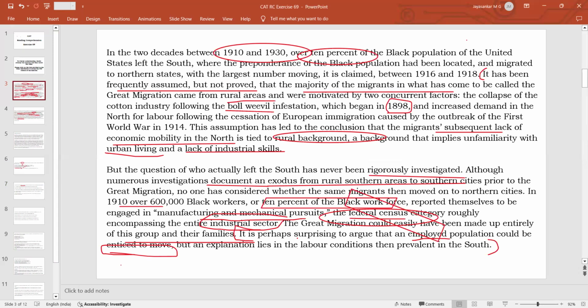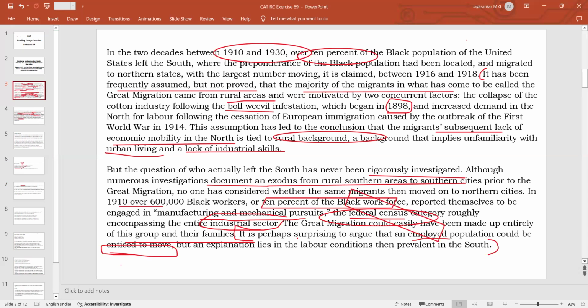So she says that it is not the rural workers in the southern United States who have migrated, but the urban workers in the southern United States who migrated to the north. Then it would be surprising to argue why an employed group of people who are comfortable in the southern cities would want to move to the north.